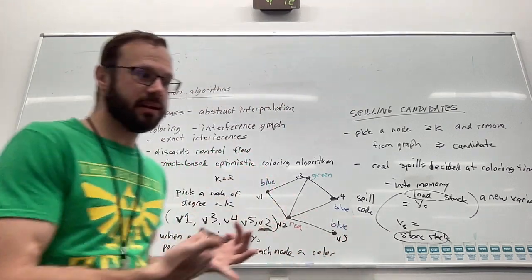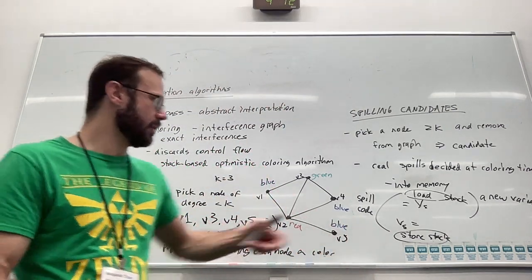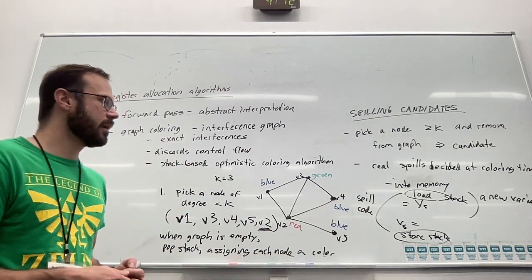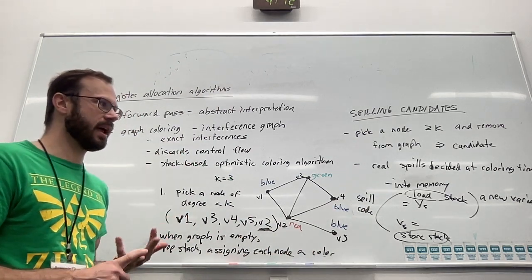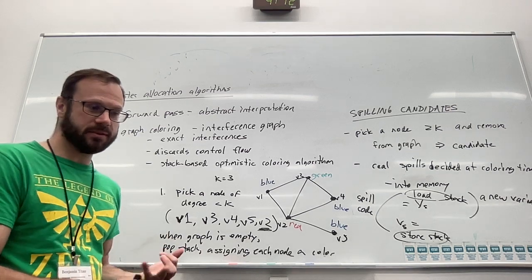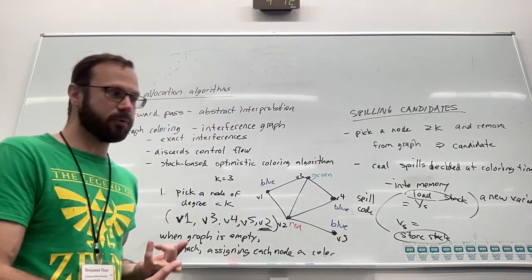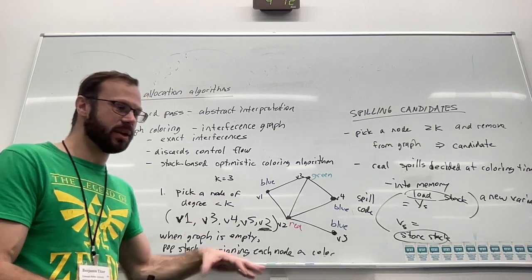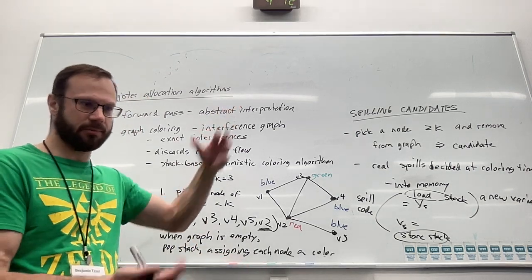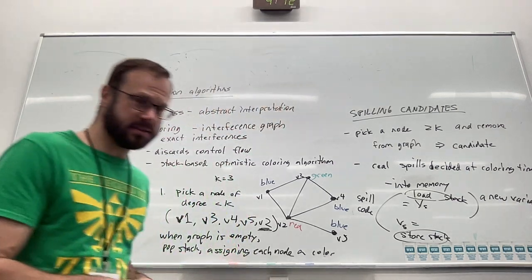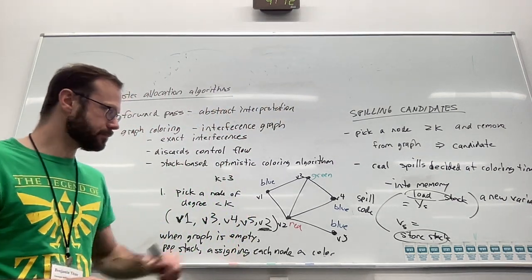So that's a good candidate because it means that the spilling code, which you're going to insert, is not going to be in the loop, right? You may choose variables that have lots of interferences. They may also be live for a long time, which means that if they don't get a register, you free up a register for the longest amount of time. So those are the kinds of things that go into a spilling heuristic.